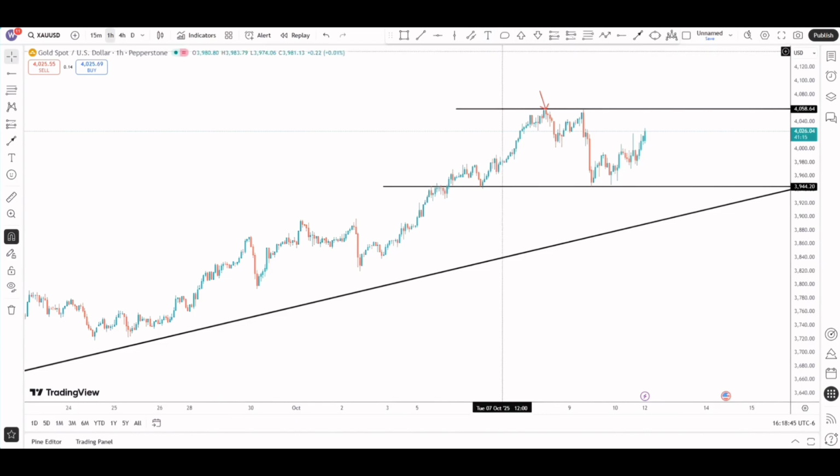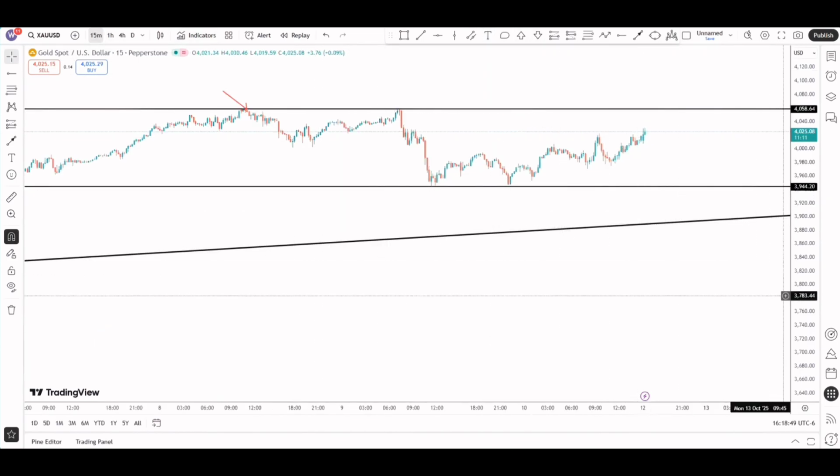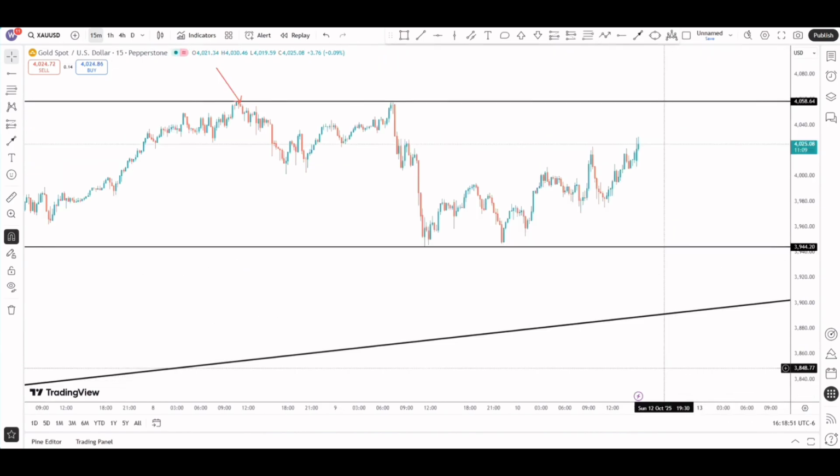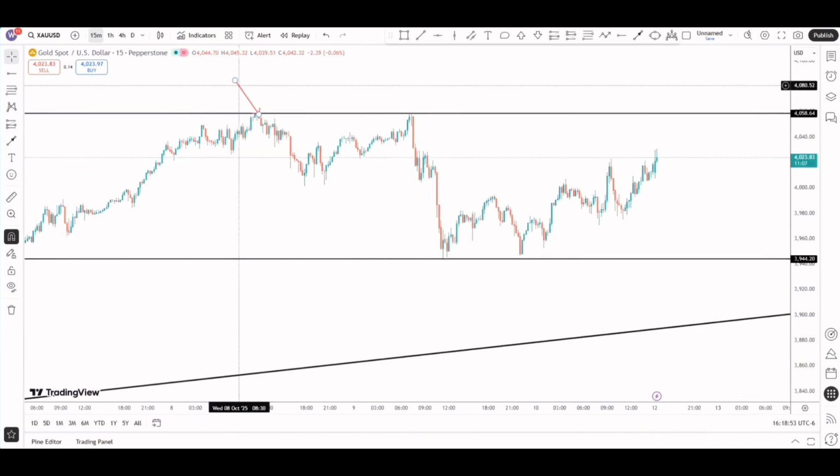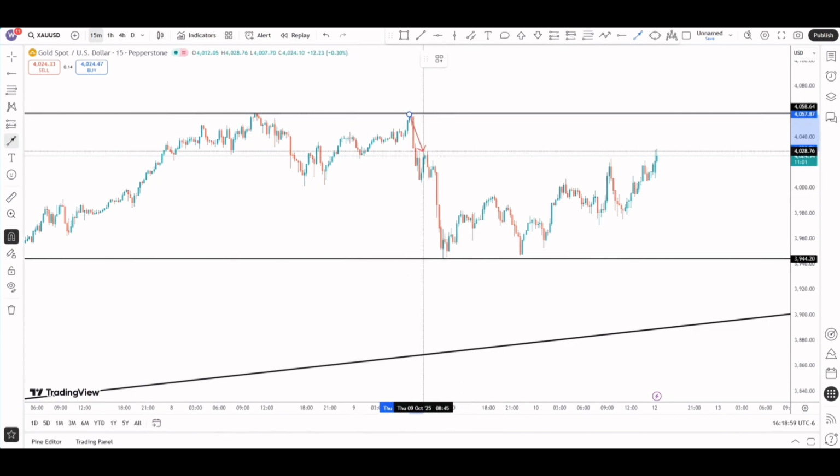Now down to the 15 minutes time frame, we can see price initially had this very strong bearish move after forming this double top pattern all the way back down to support here.